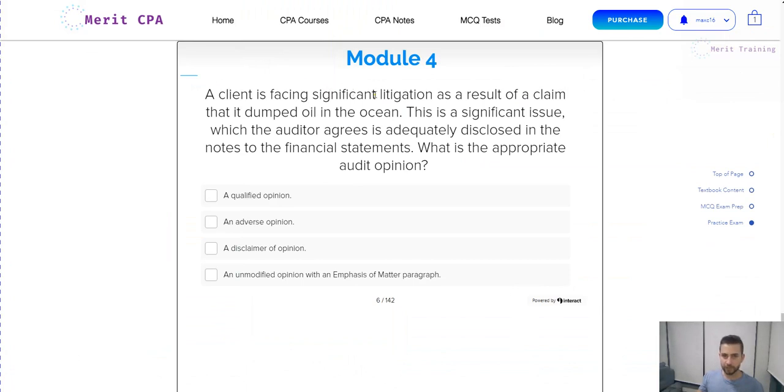So a client is facing significant litigation. That's the issue, right? We can't say it's materially misstated just because they've got litigation. Litigation is a contingent liability, just like a potential lawsuit or something like that. We don't know for sure that it's an issue, and as far as we know, they've accounted for the contingent liability correctly, right?